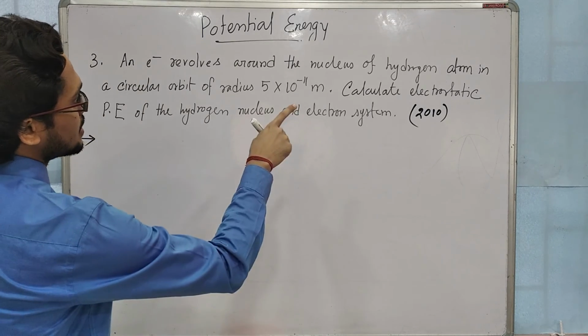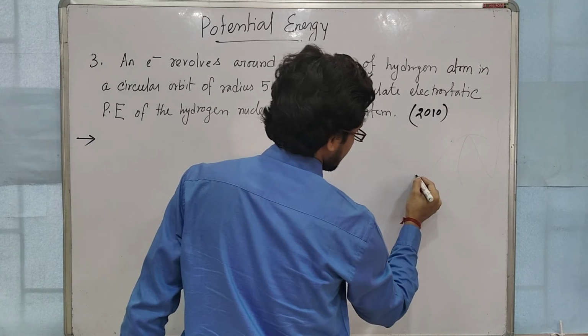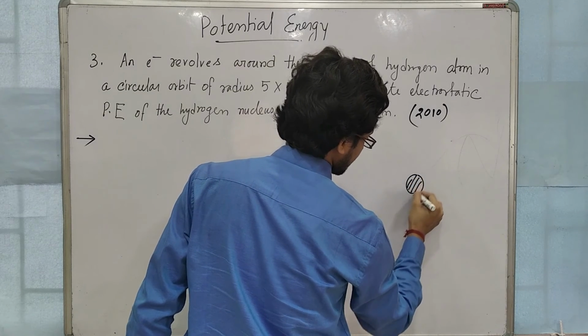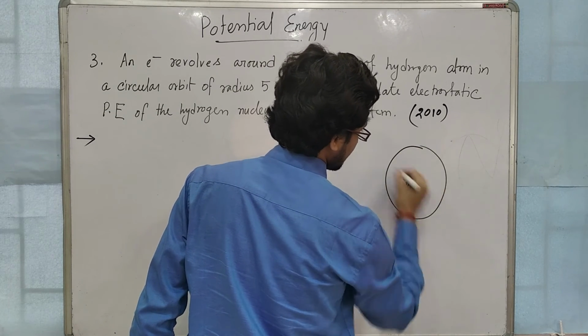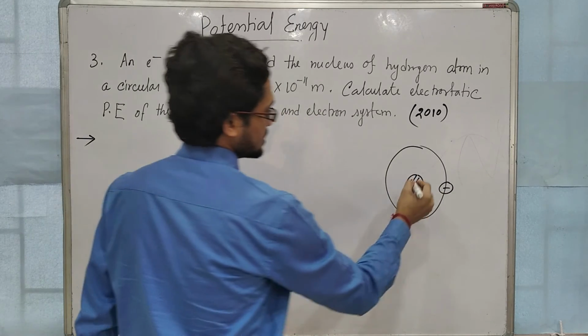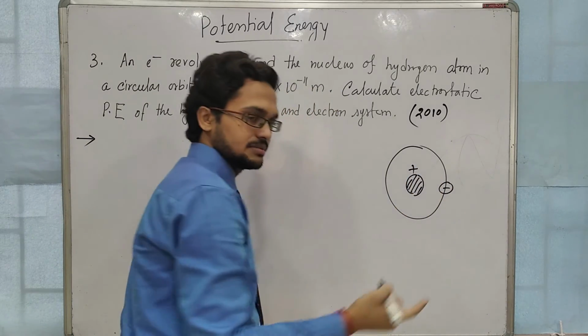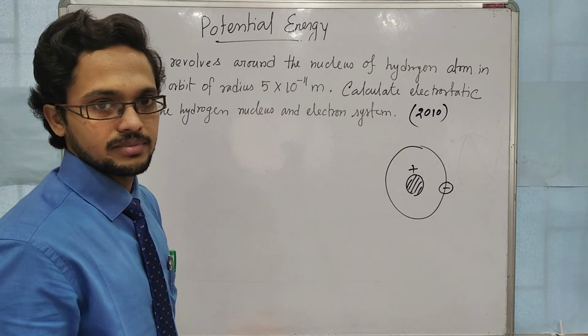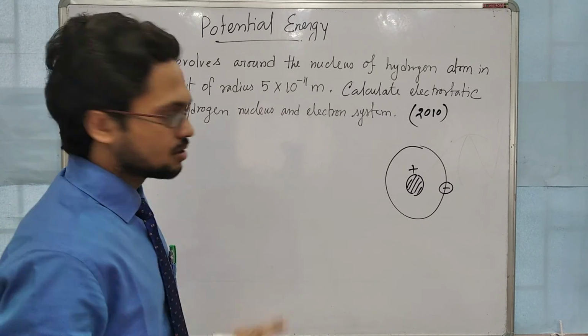So there are two things. This is the nucleus, and there is one electron. Nucleus means positive charge, electron negative charge. Hydrogen atom means proton 1, electron 1.